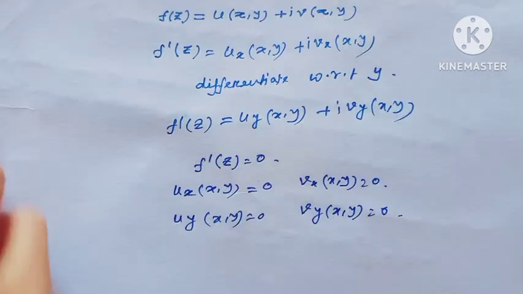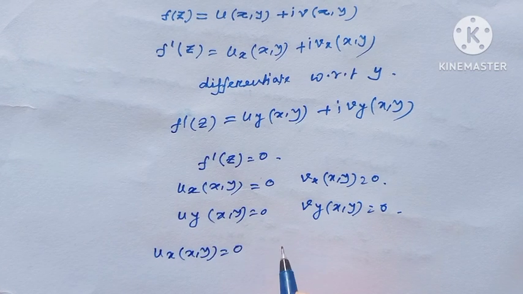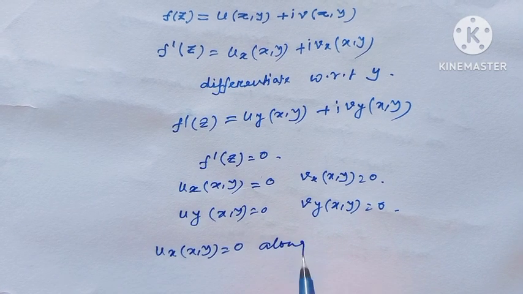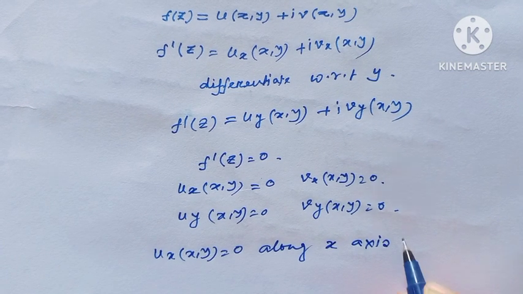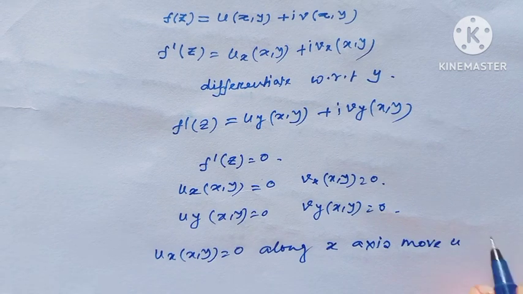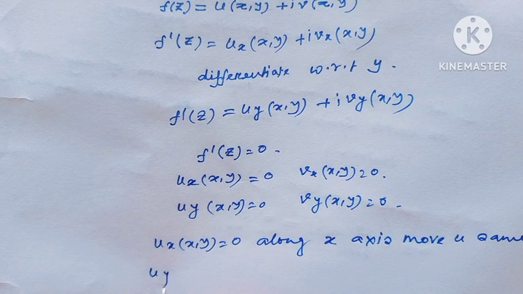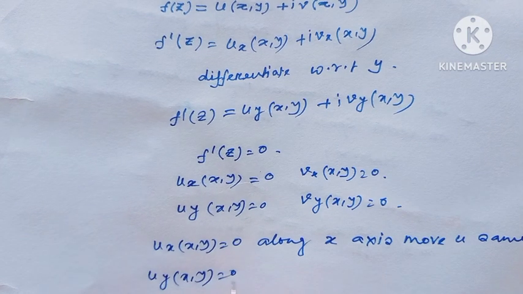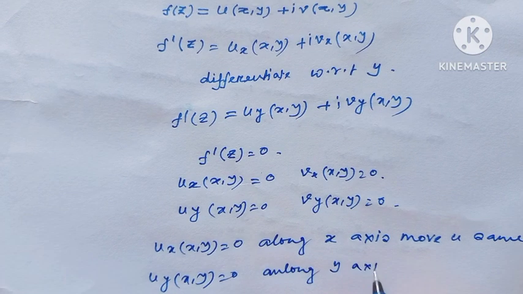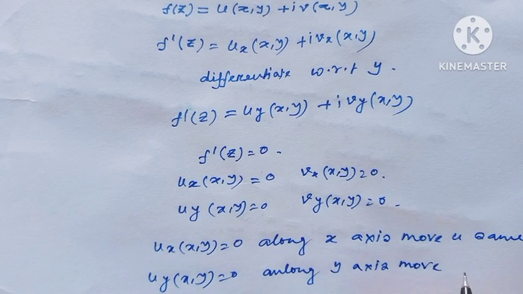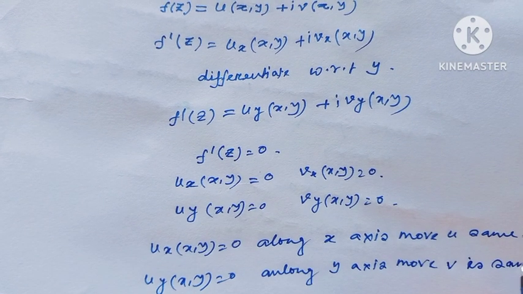And u_x(x,y) equal to 0 along the x-axis means u is the same, and u_y(x,y) equal to 0 along the y-axis means v is the same.